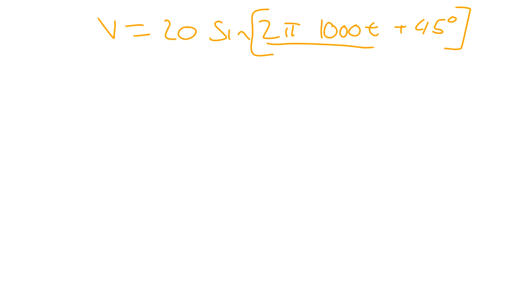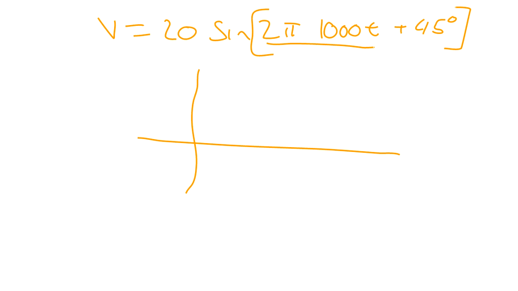I know one's in radians and one's in degrees, but at least they're both a measure of the same thing. We can convert back and forth, so you can convert 45 degrees into pi terms and graph this. What this is saying is that wherever you're starting off, you're going to be starting off at plus 45 degrees. Just to give you a quick idea, what would it look like when, let's say, t was 0?